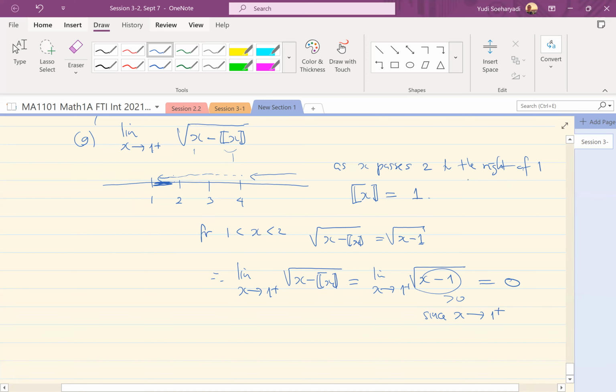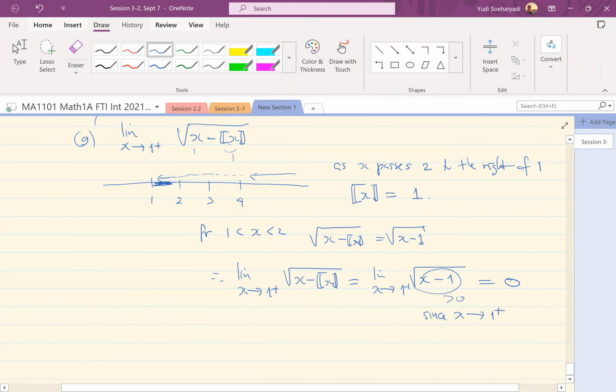And the value of floor of x also decreases, but discretely. Pass 10, then the value would be 9. Pass 9, then it would be 8. Pass 8, then it would be 7. The value is getting lower.